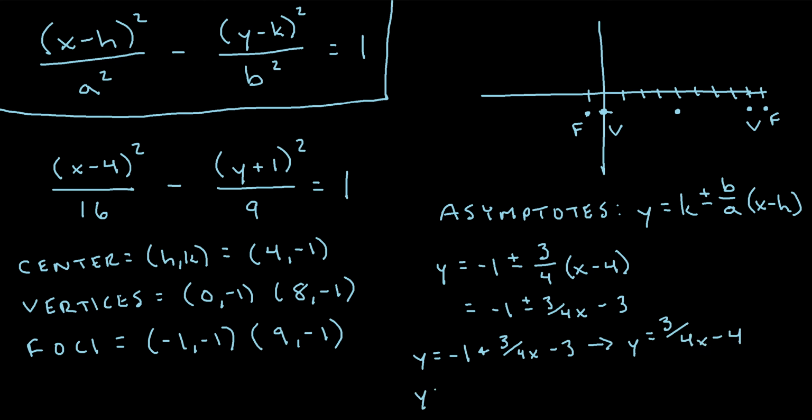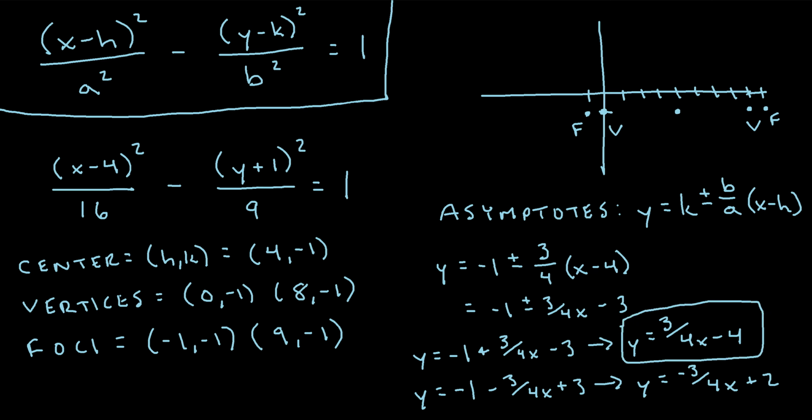Our other asymptote will be -1 minus this whole expression, so minus 3/4 x, and minus a -3, that would be plus 3. We have -1 plus 3, that's +2. So we end up with y equals -3/4 x plus 2. So here are our two asymptotes.